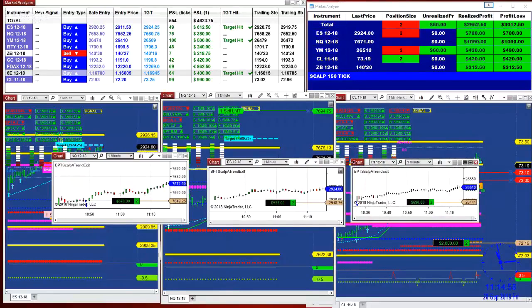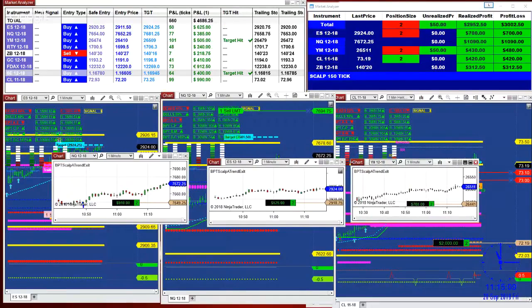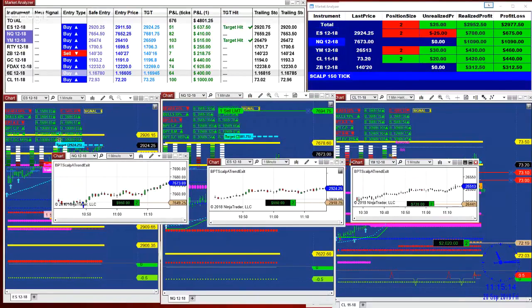I'm not interested in the 6E. But if you want to try to swing trade the 6E, you can try the 1 minute, 3 minutes, and 5 minutes only, because it's forex, and probably you will find the best setting.